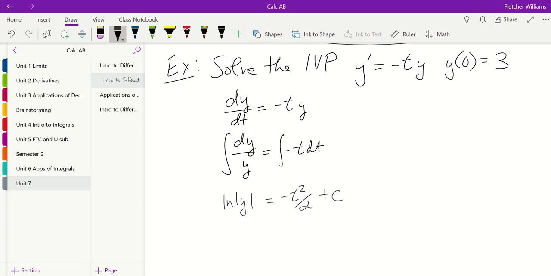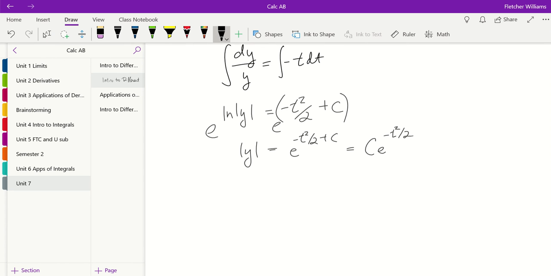Then you have to exponentiate both sides, so e to that and e to all of this. So absolute value y equals e to the minus t squared over 2 plus c, which you can just write as c e to the minus t squared over 2 by exponent properties.